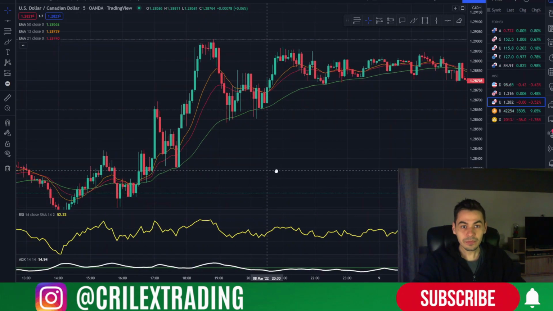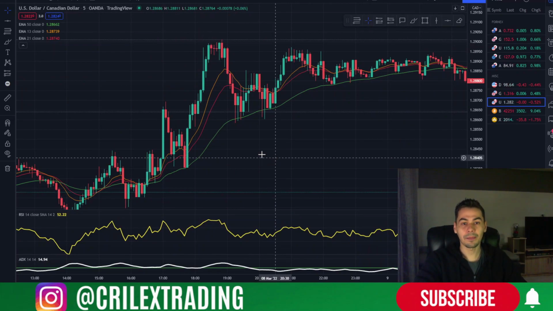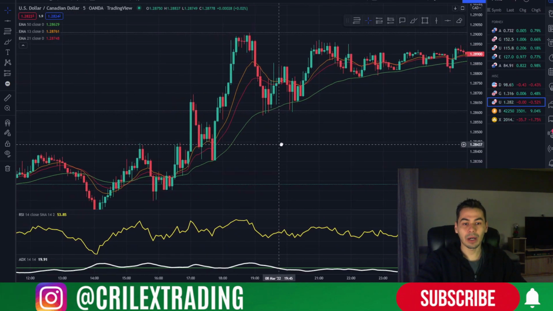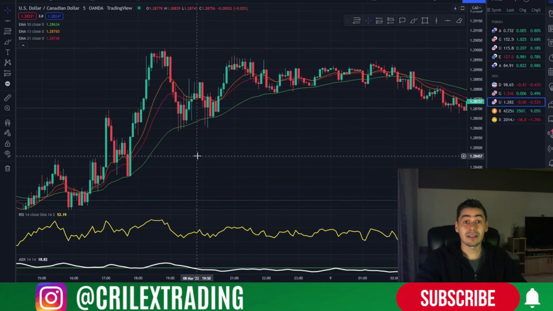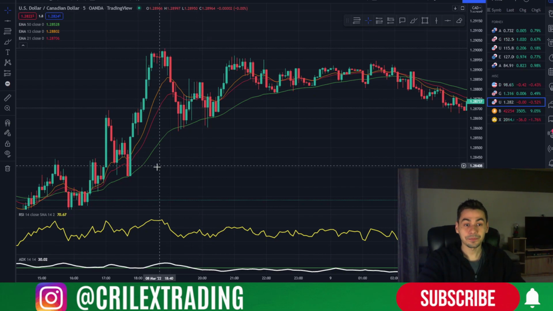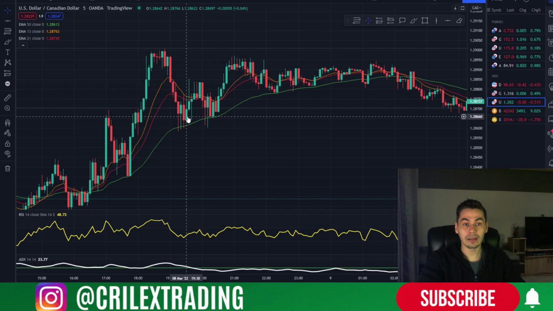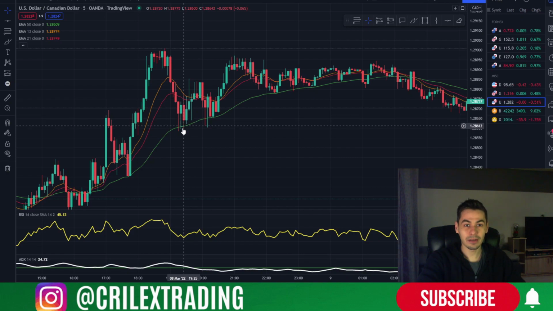So now that we have the indicators set up, let's talk about the hidden divergences a bit. Actually, let's talk first about the rules of entry. So first of all, we will only be looking for buys when the price is in an uptrend.